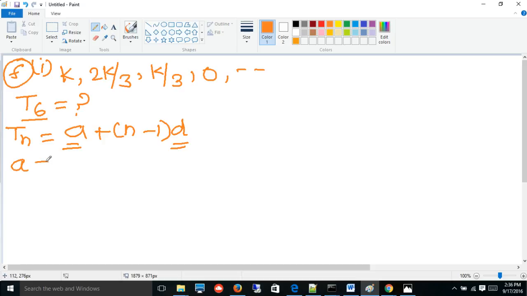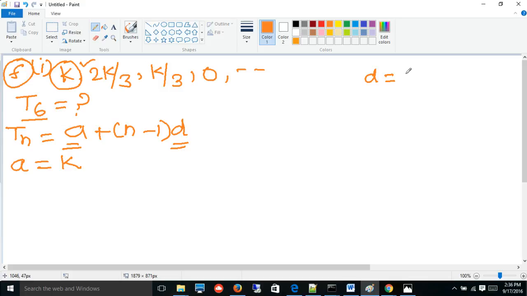What is the value of A? We can get it very easily. It is the first term in the series, which is k. Now to calculate the value of D, it is this term minus this term.